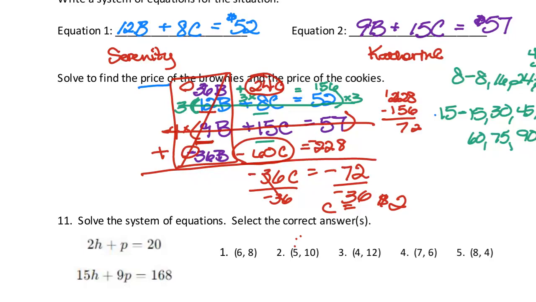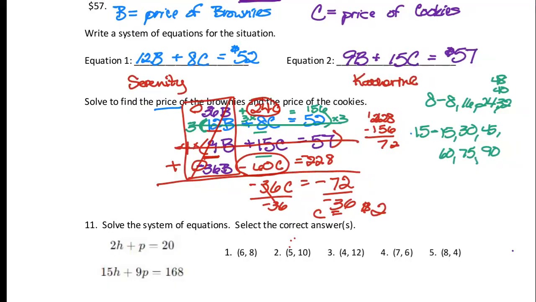How do I figure out the brownie? Go back to the original equation. I'm going to do equation 1 just because it's got slightly smaller numbers. So 12B plus 8 times C, which is 2, is equal to 52. 12B plus 16 equals 52.